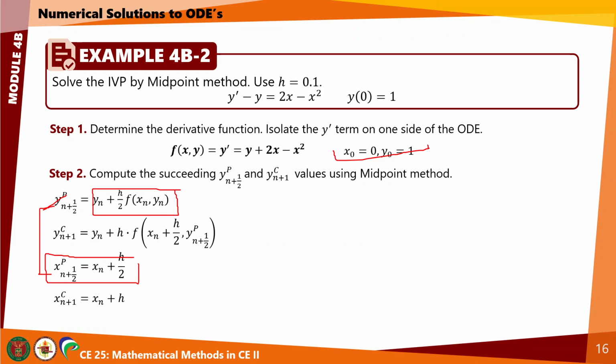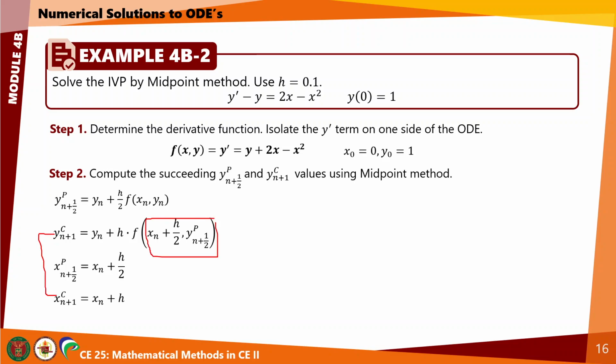On the other hand, yung corrector natin is, okay, using the predictor or yung previous approximate point from your midpoint, substitute mo yung point na yan dun sa derivative function. Okay, and then multiply by h to get to the next point na. Okay, ang kapartner naman yan is yung, syempre, previous point plus h na. Okay, kasi yan yung next point.